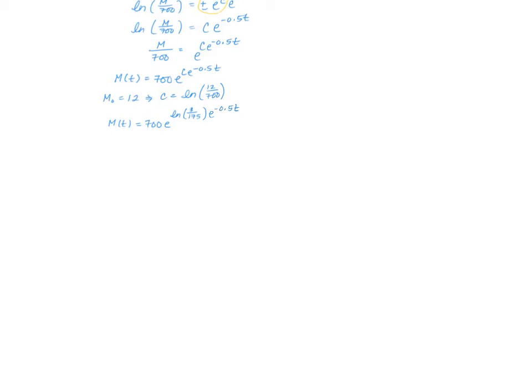And then just playing around with some of the properties of logs, we can write this in a better way as 700 times 3 over 175, and the exponent on 3 over 175 is e to the negative 0.5t.